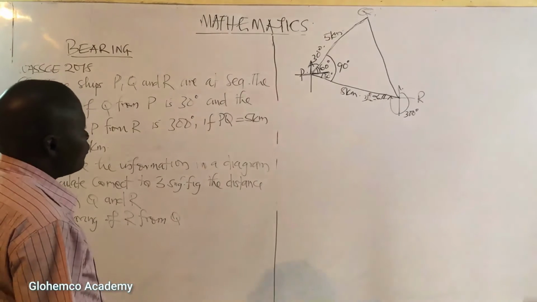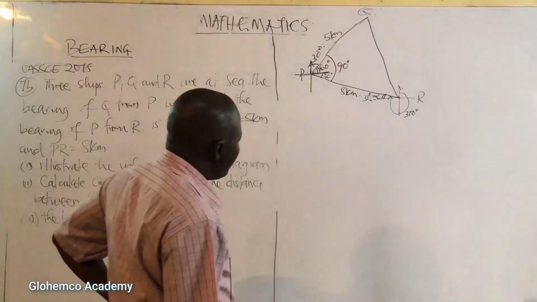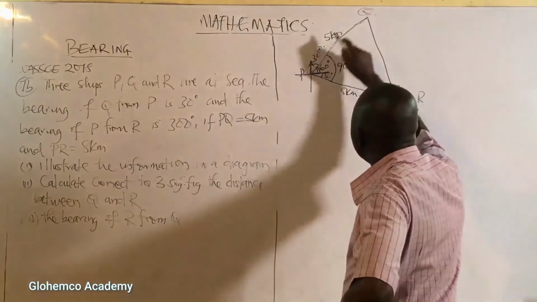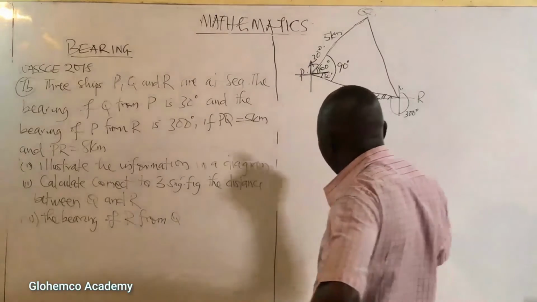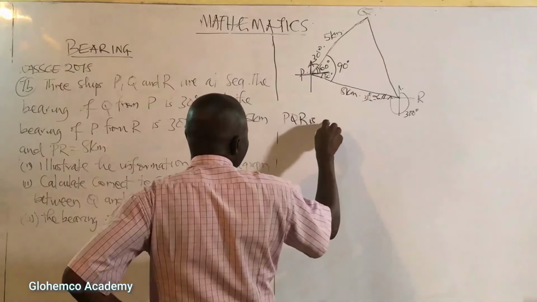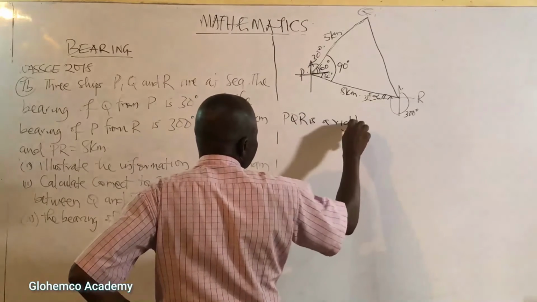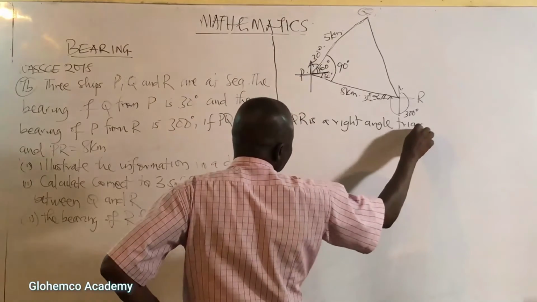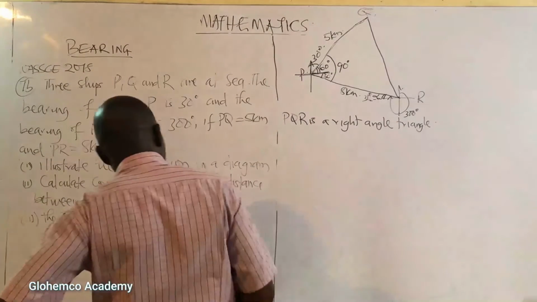Okay? Now, the problem is solved, because it means triangle PQR is a right angle triangle. You can see that PQR is a right angle triangle.